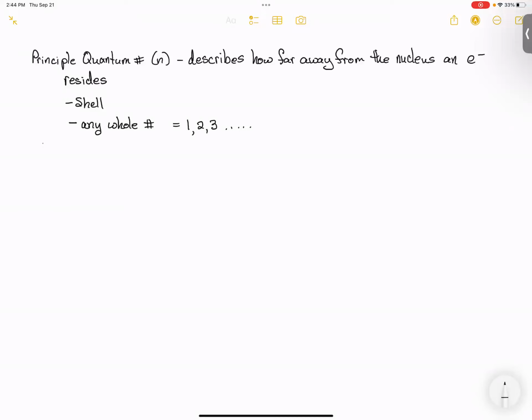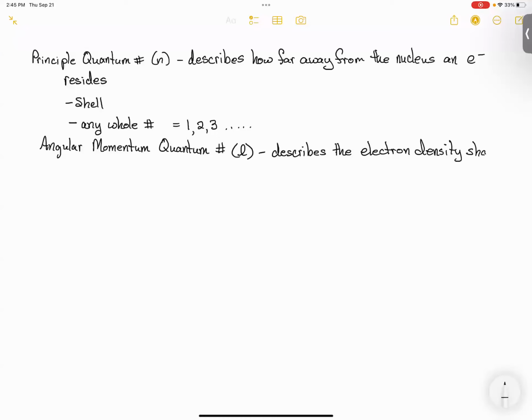The second quantum number is going to be the angular momentum quantum number. And the angular momentum quantum number is represented by the letter L. The angular momentum quantum number describes the electron density shape where the electron is most likely found.